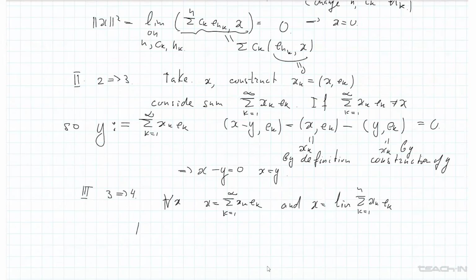Then we obtain that the square of the norm equals this scalar product, and then change one of the vectors to its partial sum.